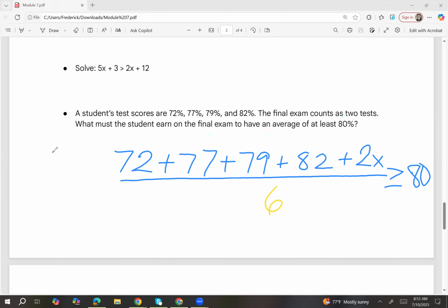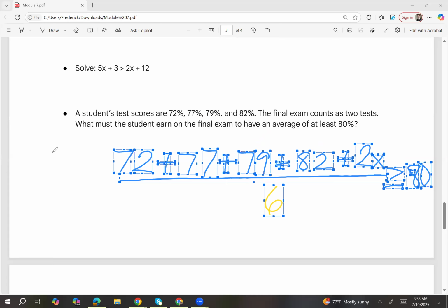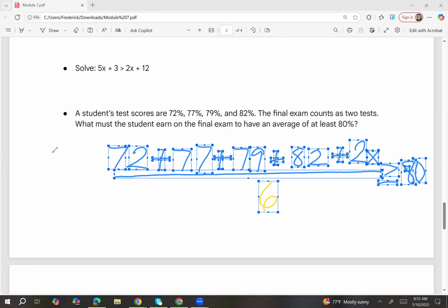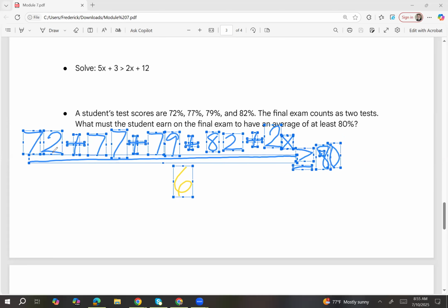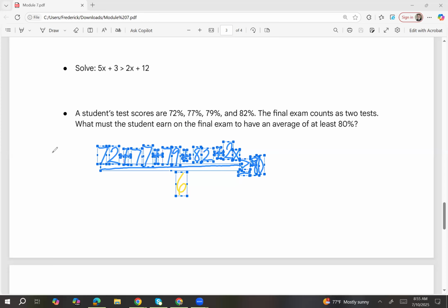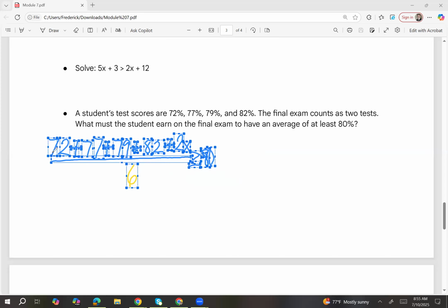Let's create a little more room for us here. So we can solve. Okay, we've got 6 on the bottom of a fraction, and that's prohibiting us from doing operations simply anywhere in the solving process.